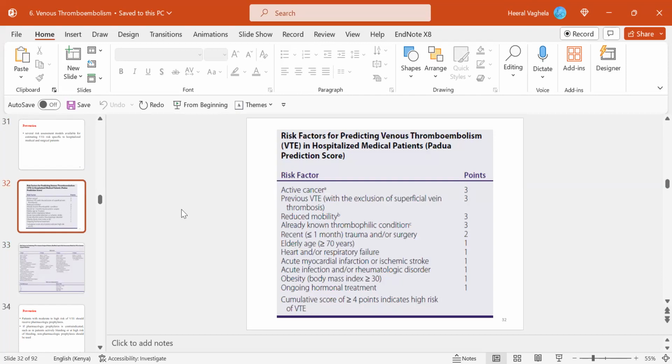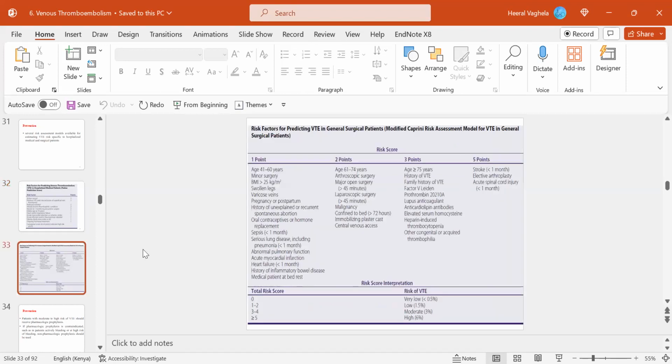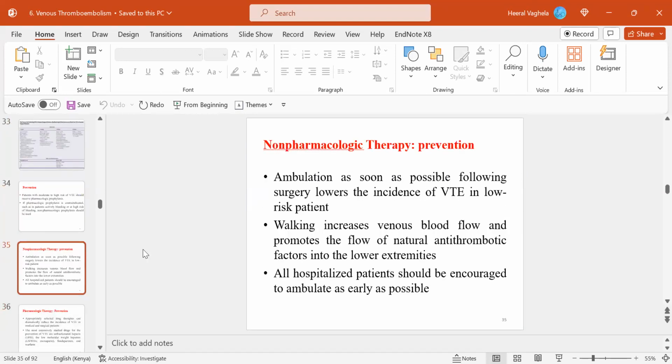So, risk factors for venous thromboembolism in hospitalized patients. Again, there's this prediction scoring that is done. Yeah, okay. So now that we know what is caused, what would be the therapy?